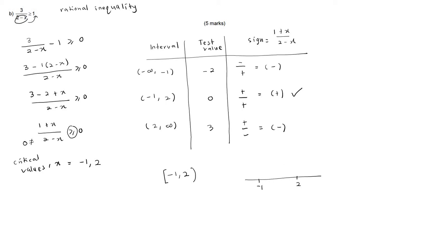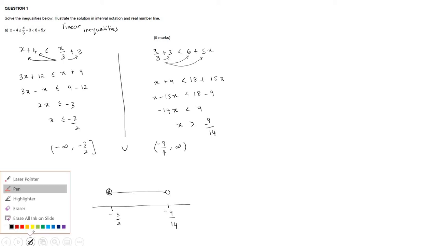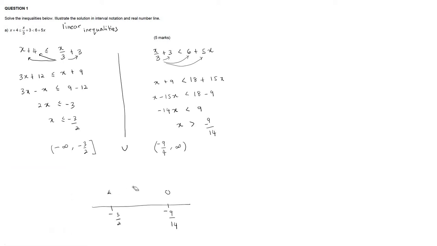For 2, since the bracket is open, 2 is not included, so an empty circle. Negative 1, the value is included, closed bracket, so a filled circle. It's very hard to do the filled circle. Okay, I'm sorry, I made a mistake here. I just realized it now. It's not like this.